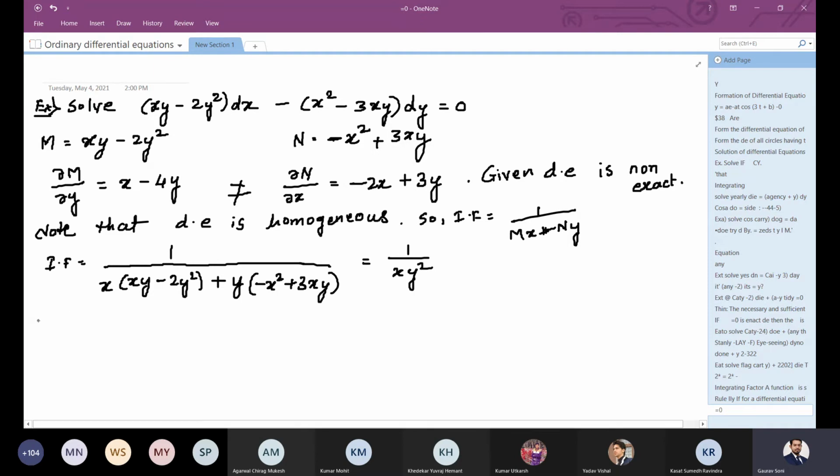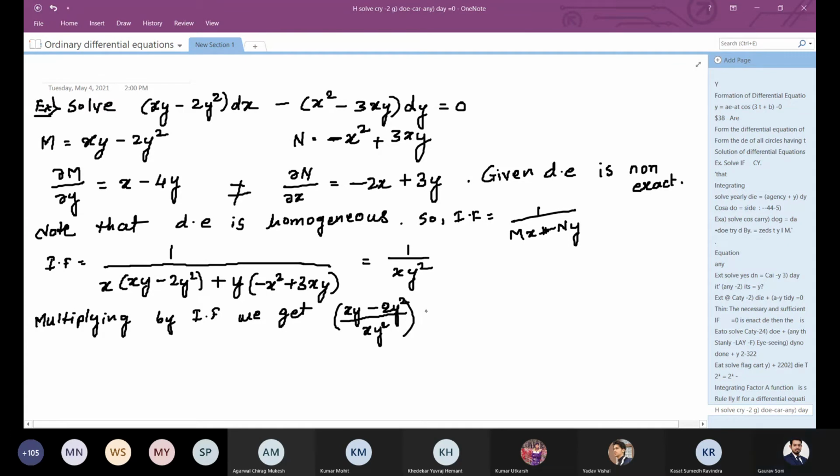So multiplying by the integrating factor, we get xy minus 2y square divided by xy square dx minus x square minus 3xy divided by xy square dy equal to 0.